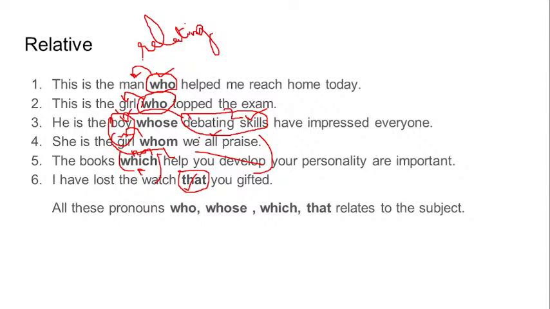So the boy's possession is there on the debating skills. So that is why we have used whose. In this way, if you study and try to understand the examples, that won't be much of a problem. Otherwise, there's no point mugging up all the rules and everything.